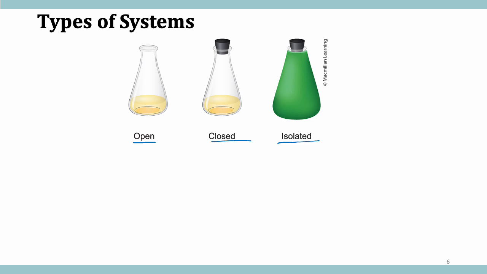Remember, all 3 of these are systems, and everything around them is surroundings. There are 2 things that a system and surroundings can exchange. One is called energy, another one is called mass. Energy basically means heat, mostly. The energy that is transferred between 2 objects is usually in the form of heat. And the other thing that can be transferred is mass.